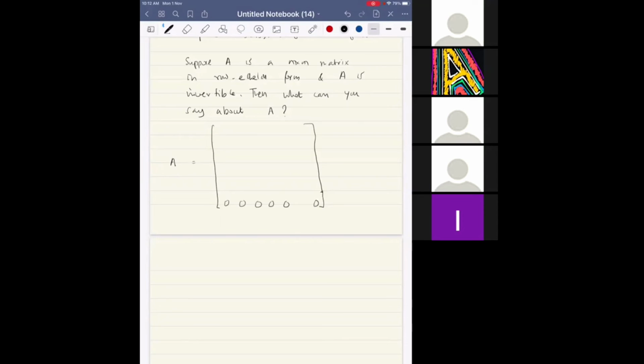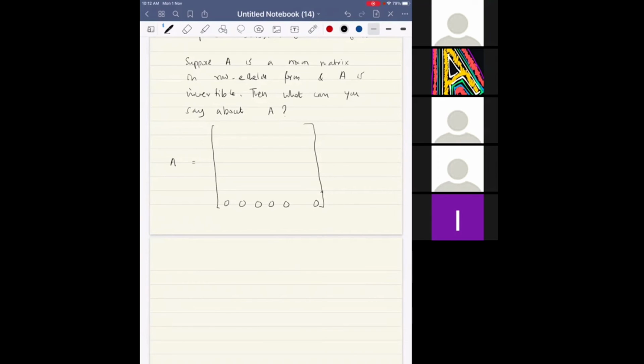Can the last row be 0? No, sir, because I think the map needs to be surjective actually. Yeah. If the last row is 0, then as we just saw, if you hit any vector of length n with this matrix on the left, the resulting vector of length n will have the last entry 0.